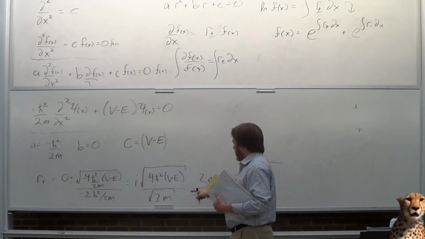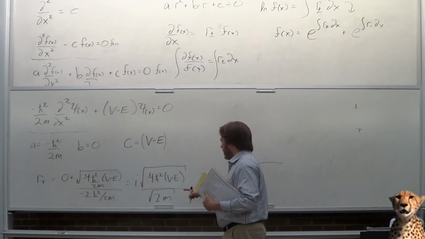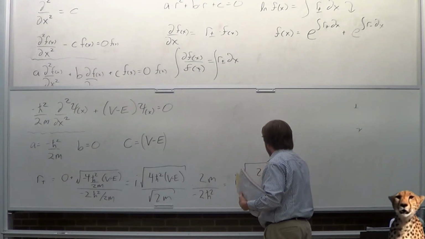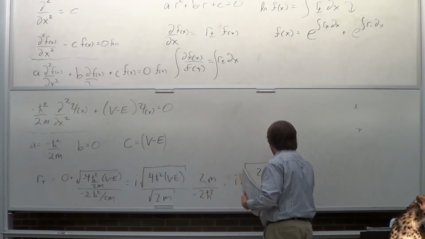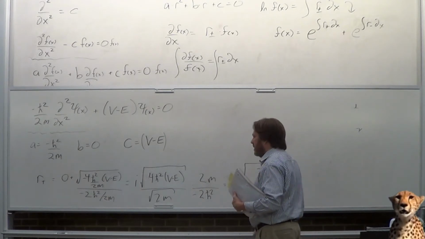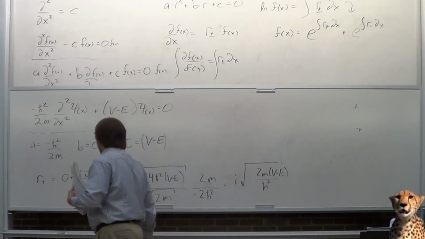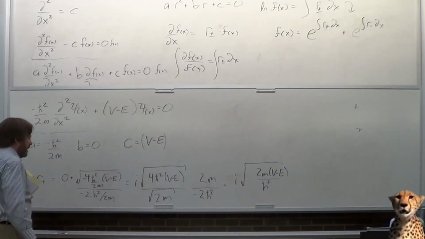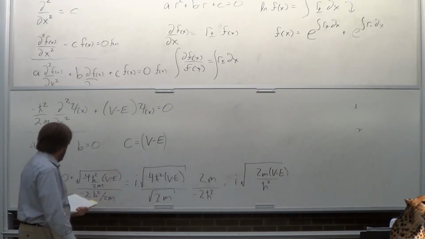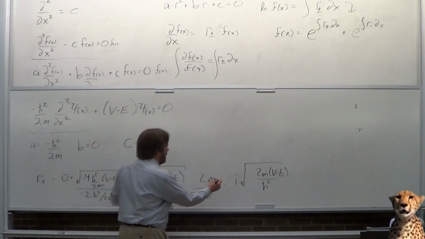Okay, the two's cancel, so I end up with 2m b minus e over h bar squared. Right? And that's a minus sign? Yes. There's a minus sign.